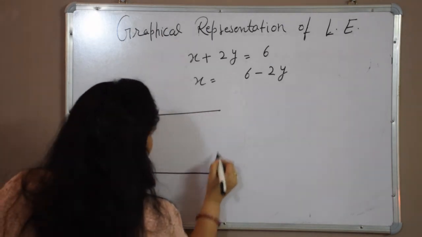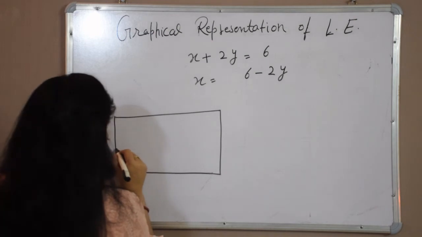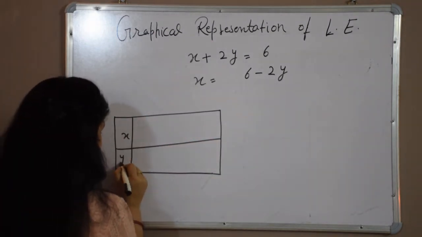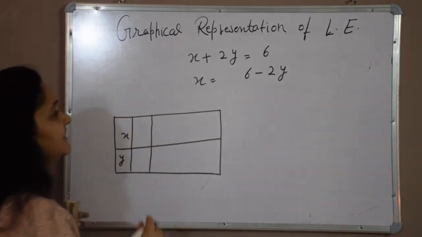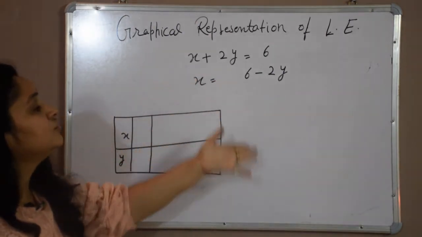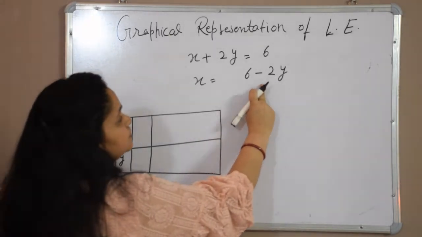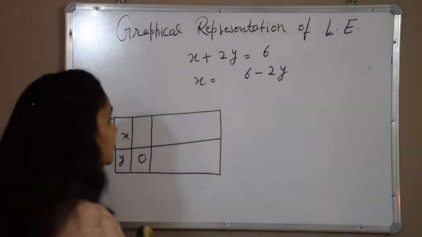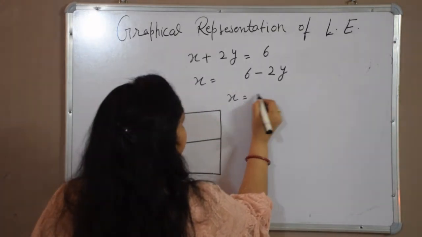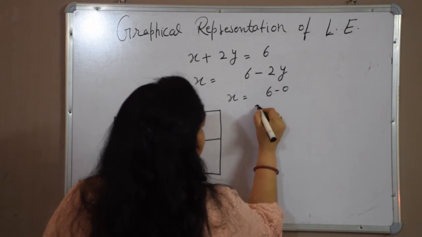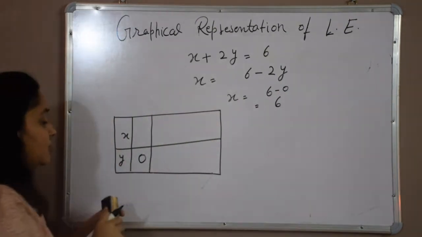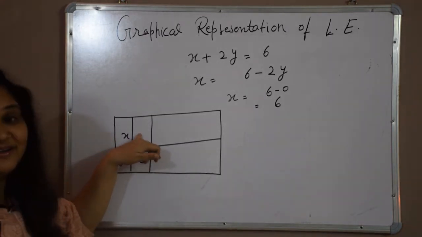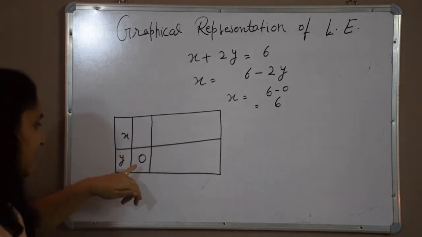Now I am plotting this table. This is a must. From this also everything is very clear how we can solve the question. So first I will choose the value of y. First I will choose y is equal to 0. So put y is equal to 0 here. It becomes 6 minus 0, that is 6. Because I am choosing the value of y, I will write the value of y first. Don't write it in the column of x because it is the value of y.